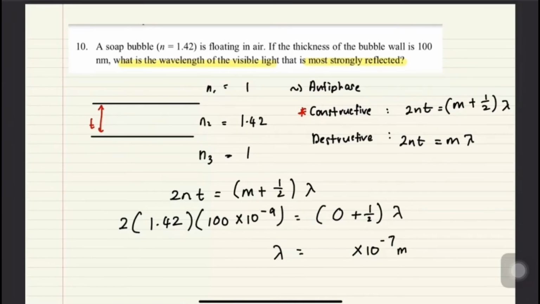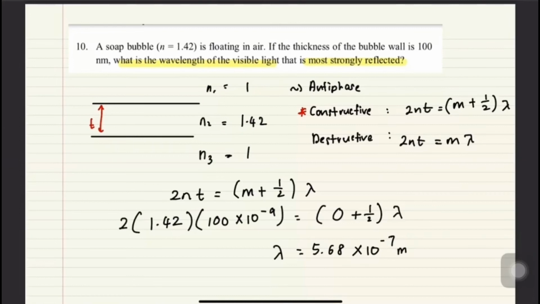Let's try to calculate. 5.68. Okay, good. 5.68 times 10 negative 7.